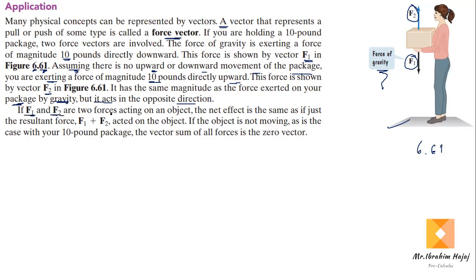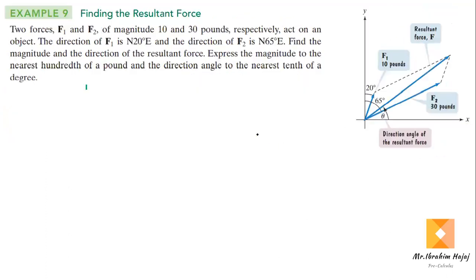F1 and F2 are two forces acting on an object, and the net effect is the same as if just the resultant force F1 plus F2 acted. You studied all this in physics, right? In this case, with your 10 pound package, the vector sum of all vectors is equal to 0, as Muhammad Sabai said. Yes, 0.